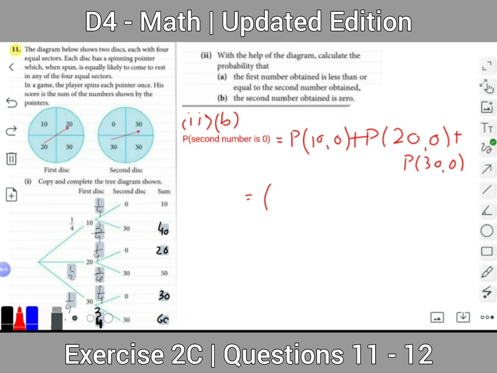So the probability will be 1 over 4, and for 0 we have 1 over 4, plus the probability for 20, and that is 1 over 2 multiplied by 1 over 4. Similarly for the ordered pair 30 and 0, we have 1 over 4 multiplied by 1 over 4.